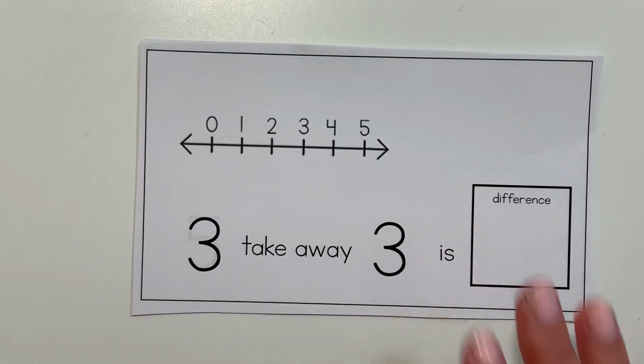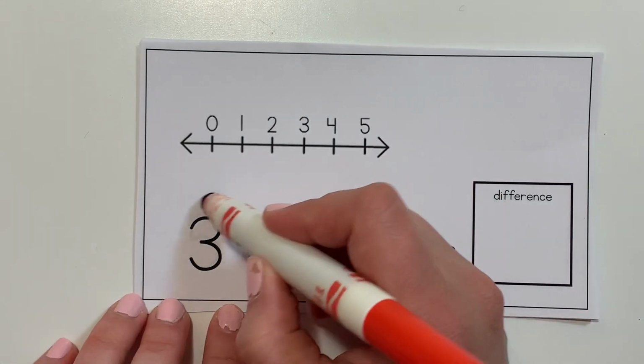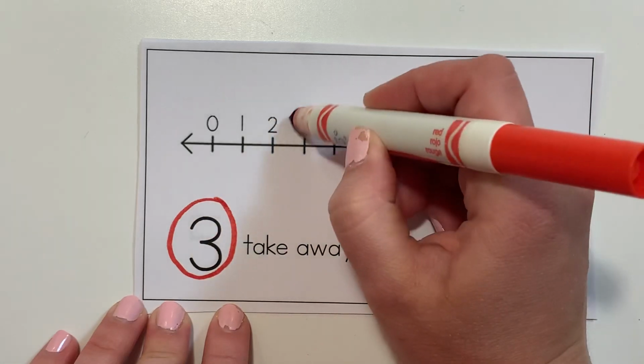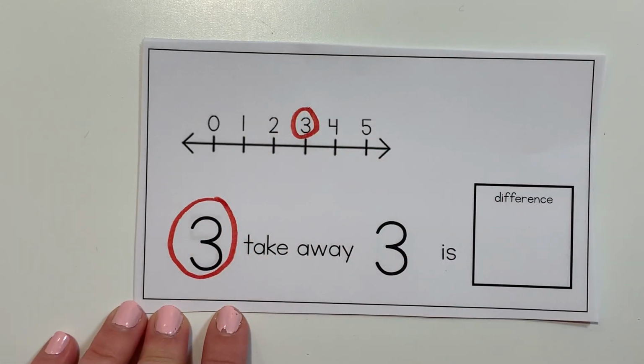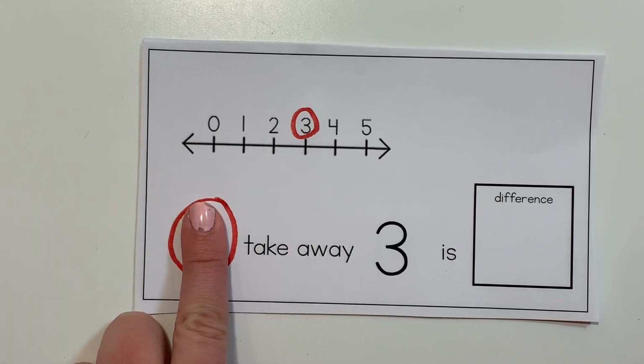Let's try this one. 3 take away 3 is. I have two numbers that are the same. Do you remember from before with our drawing pictures and crossing out pictures, if my numbers are the same, which one do I start with? I start with the first one. So I'm going to find 3 on the number line. What do I have to do next? I have to hop back the smallest number. Well, both my numbers are the same, and I already used this number.